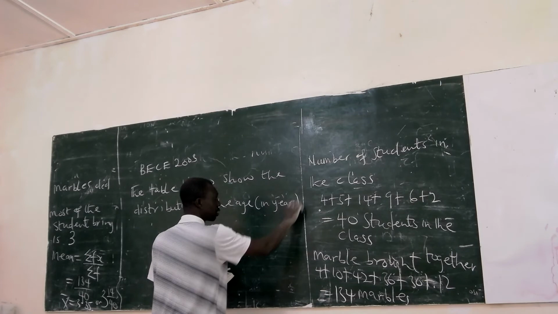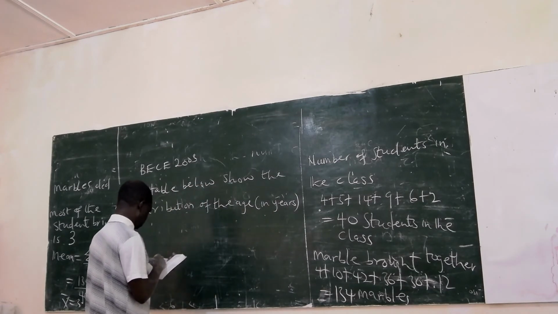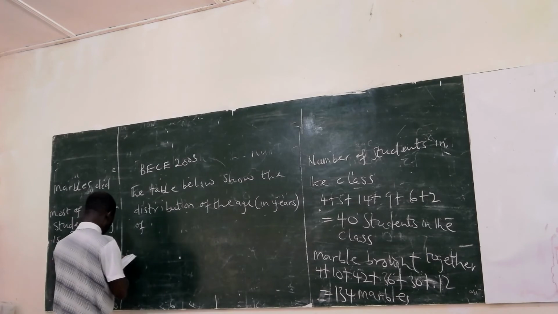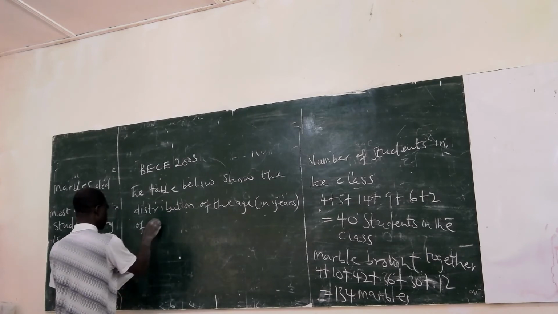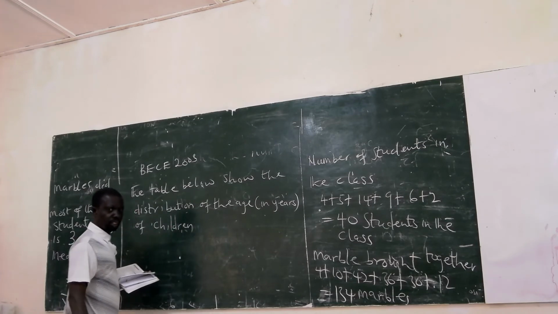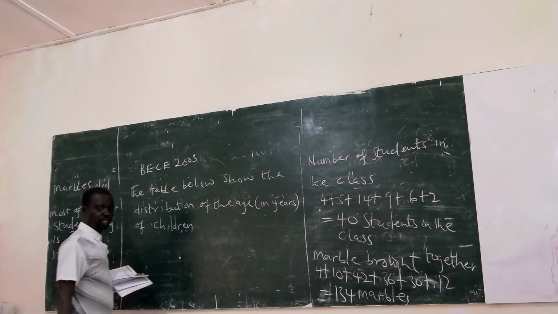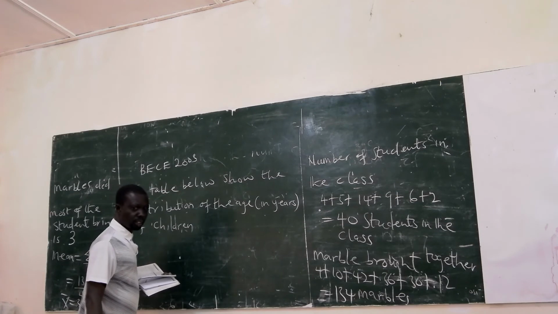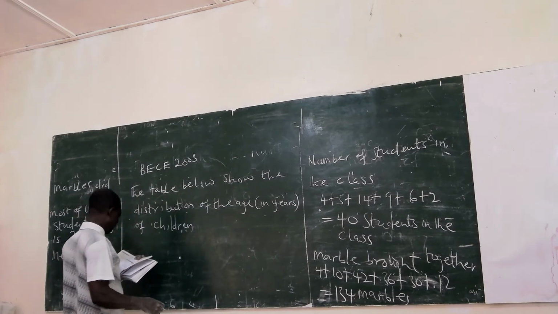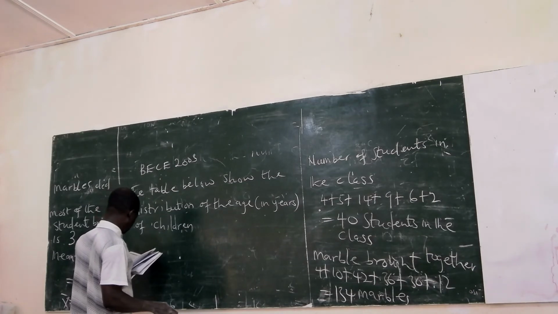When you are coming, I ask you which one, right? Which one are you? What form are you? Form one. Let them tell you which one are you.